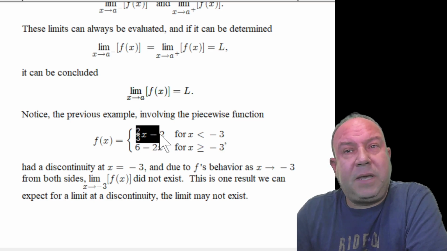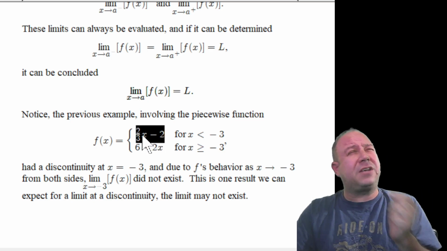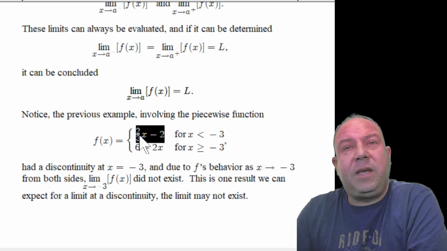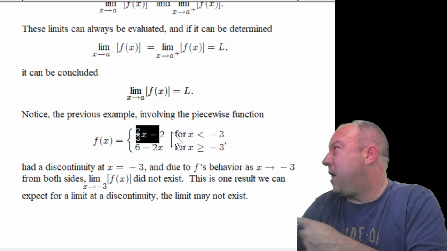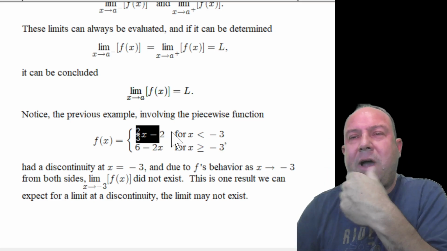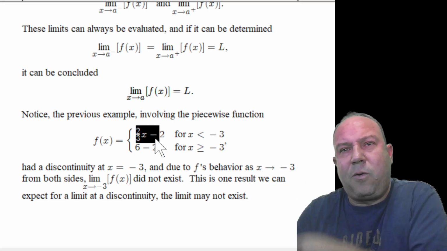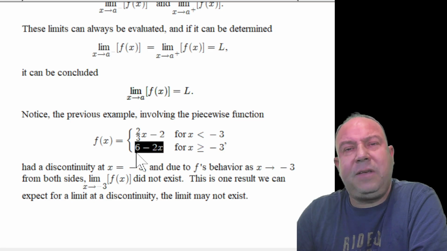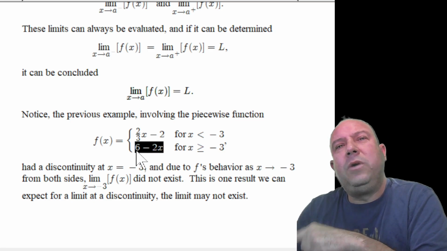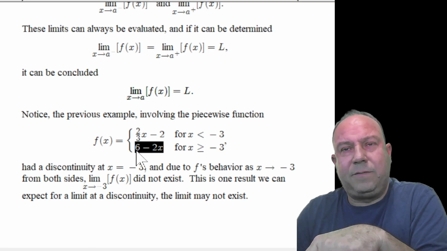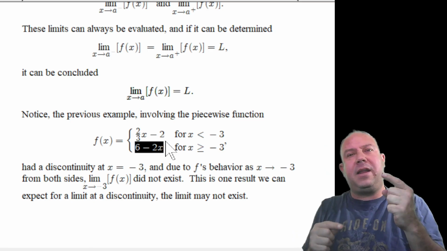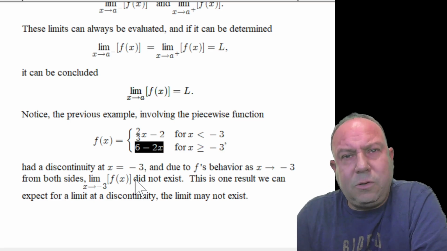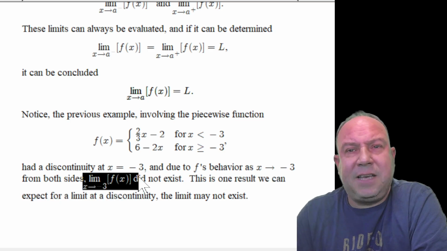For the left-hand side, we approached the value of -4. If we plug in -3 here, we calculate the value of -4. I had that calculation wrong in my last lecture, and we corrected that at the end. But as we approach -3 from the right, the value seen on the second piece, as we had noted, we're actually approaching the value of 12. So the left and right-hand side approaches give different results. So the two-sided limit did not exist.